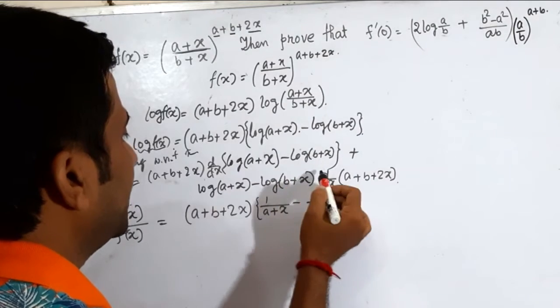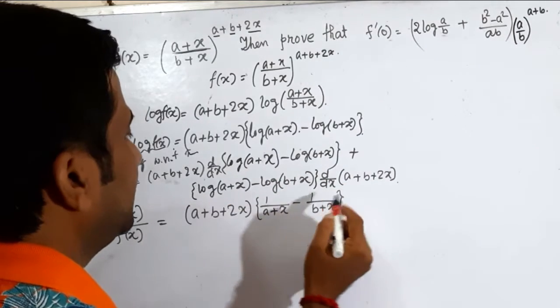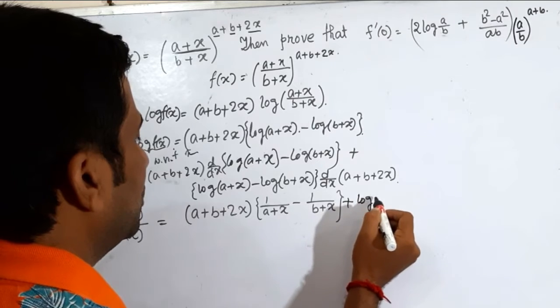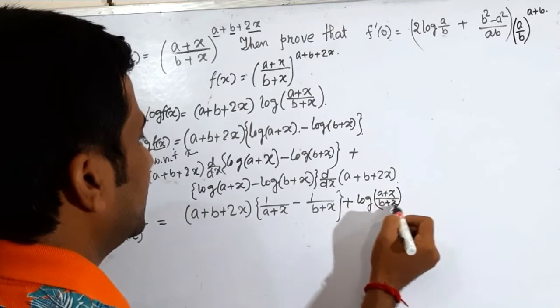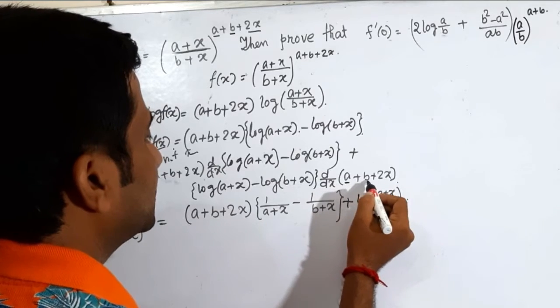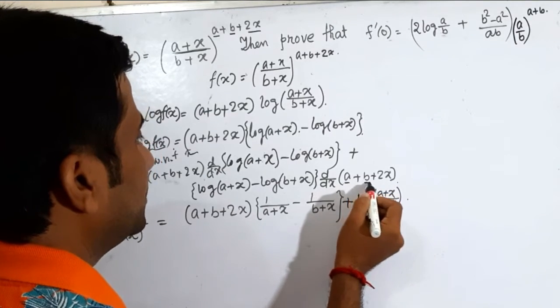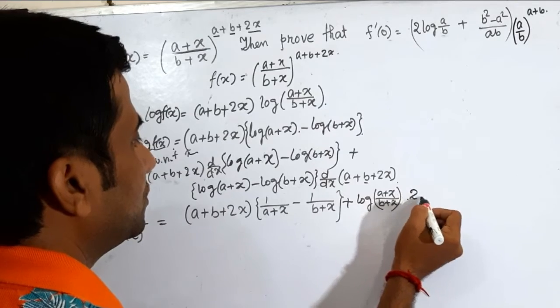And then from here we can write it this way, plus log((a + x)/(b + x)) into the differentiation of a + b + 2x. Here a and b are constant terms, so the differentiation is 0, and this is equal to 2.